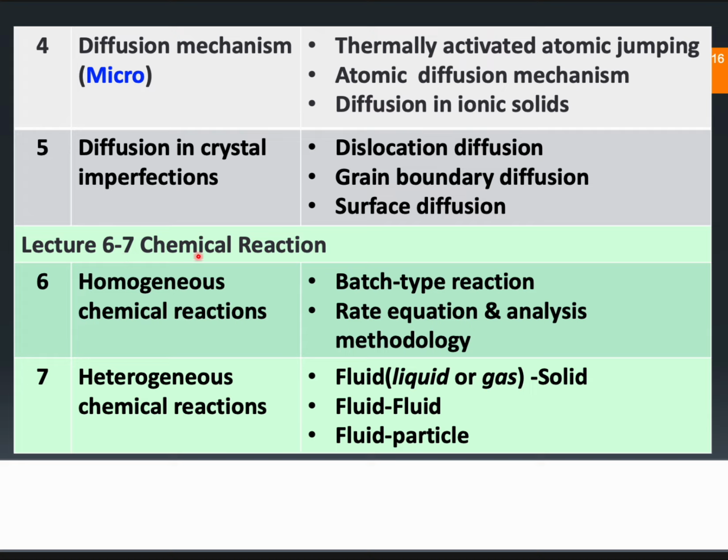It will be talking about the other kinetics process, which is chemical reactions. In lecture 6, we are going to talk about homogeneous chemical reactions, which means only one phase of reactants and products is involved in these chemical reactions.